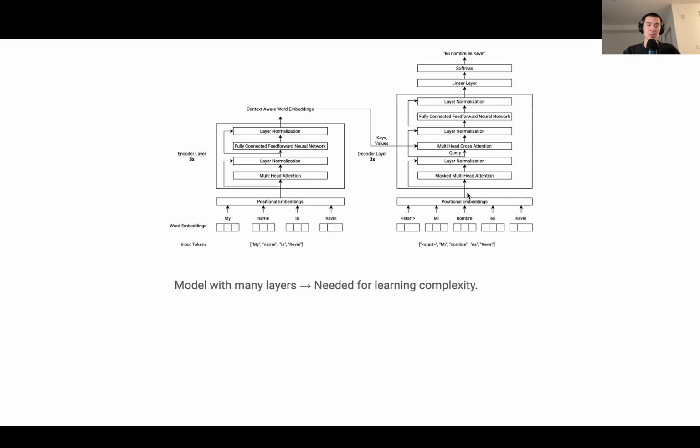All right, so similar to the encoder, a model with many layers is needed for learning complexity. So just as in this example diagram, we had 3x or 3 encoder layers, let's also use 3 decoder layers.